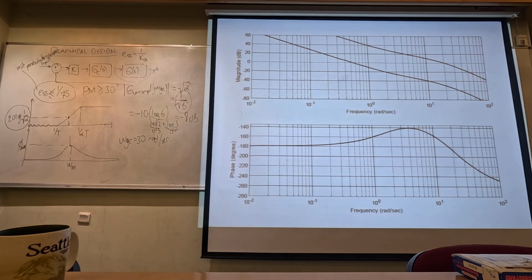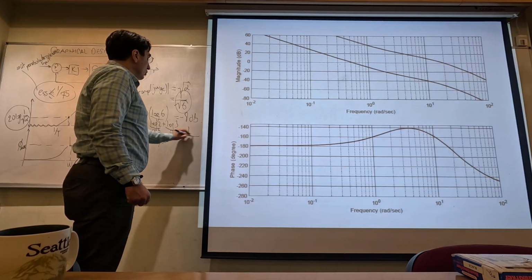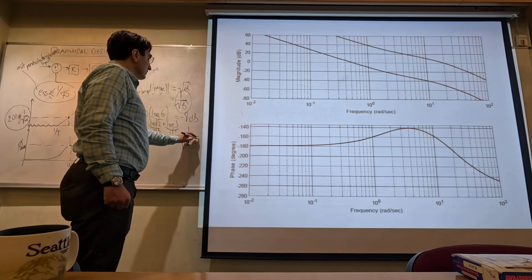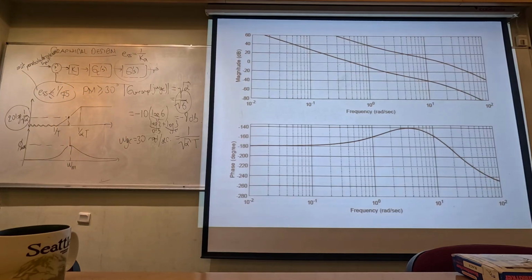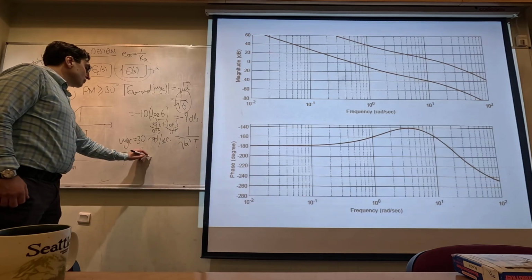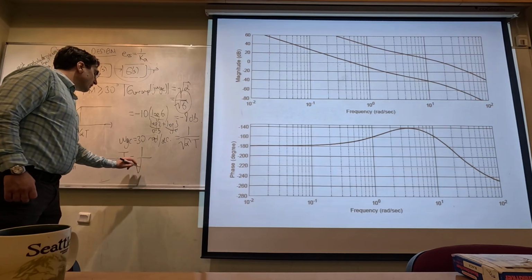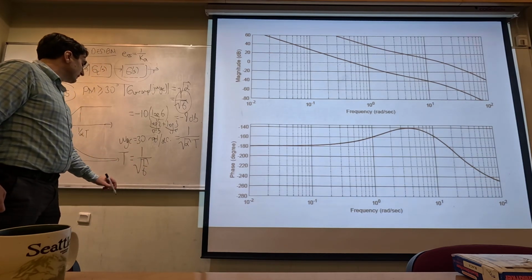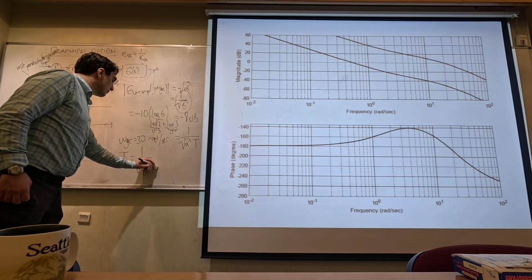What I have to do is equate this number to 1 over square root alpha T. Okay? And that's going to give me what T should be. T is equal to 1 over, I have square root 1 over 6 here, and I have 30 here.